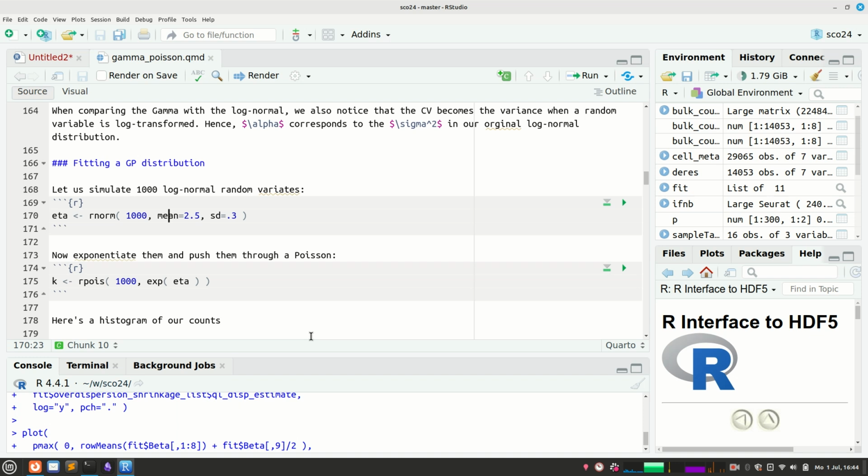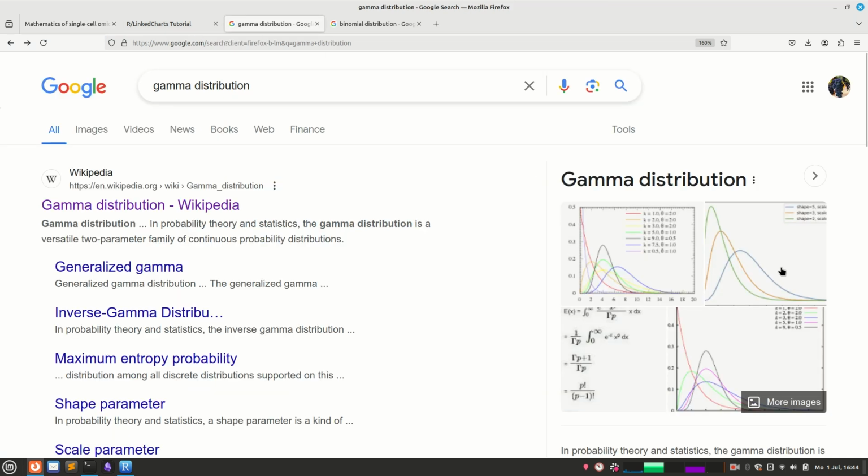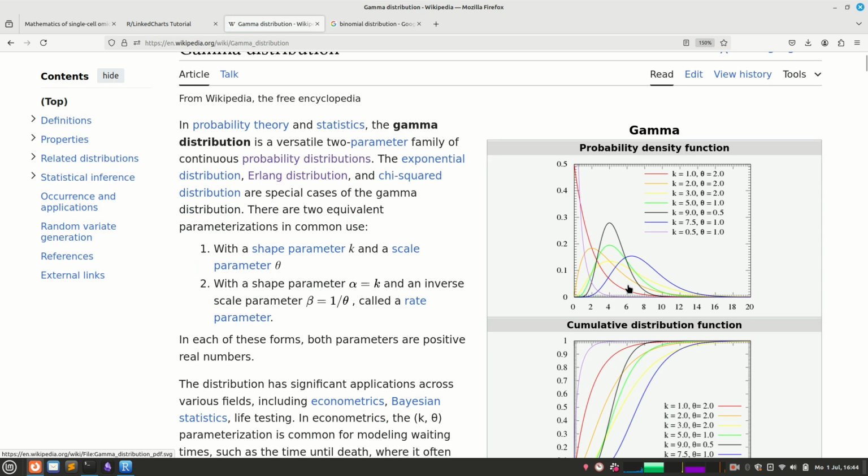Of course, this only works if the log normal and the gamma have sufficiently similar shape that it doesn't really matter. If you look at this picture of the gamma distribution, as always, for sufficiently high parameter it becomes a normal, and the log normal also becomes a normal if the variance is small enough.